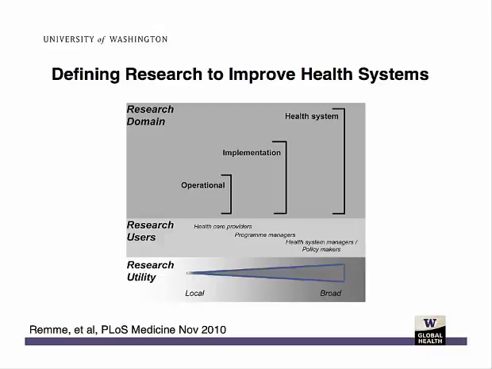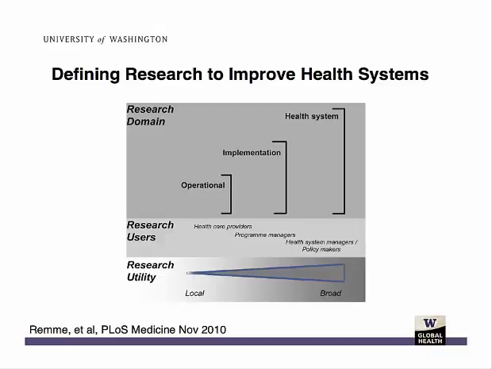And according to this framework, the health systems research domain is the broadest domain, focusing on the information needs of health systems managers and policymakers to provide the broadest level of information for decision making. According to this article, the authors refer to health systems research as primarily secondary data analysis of large data sets that are longitudinal in nature.